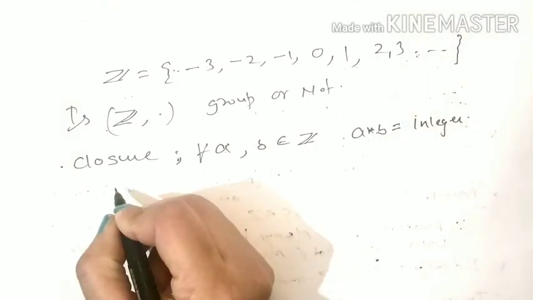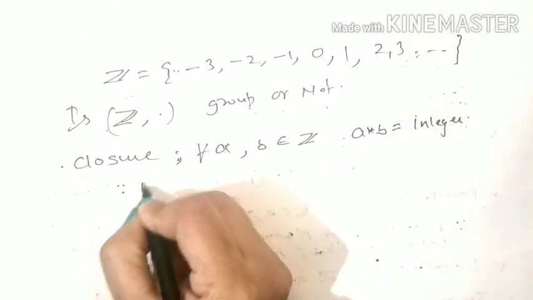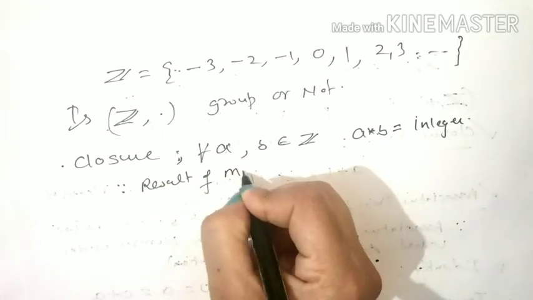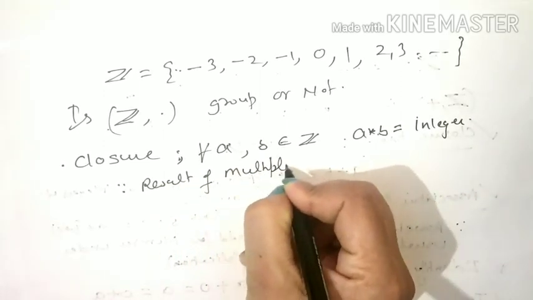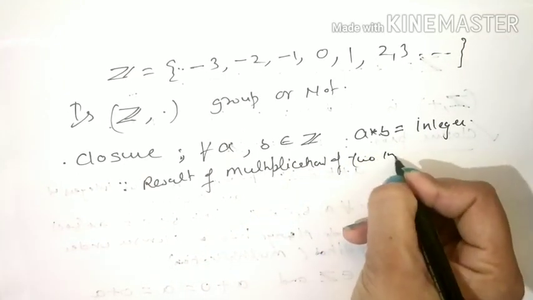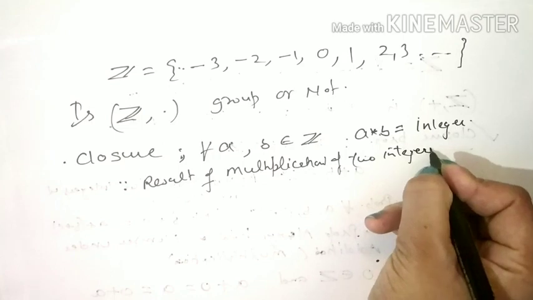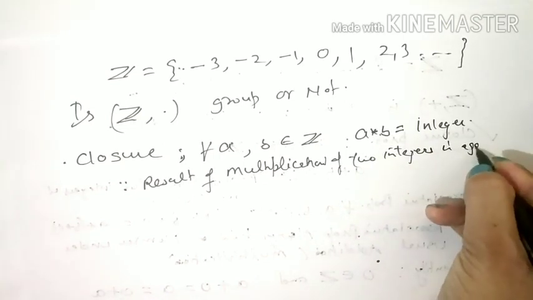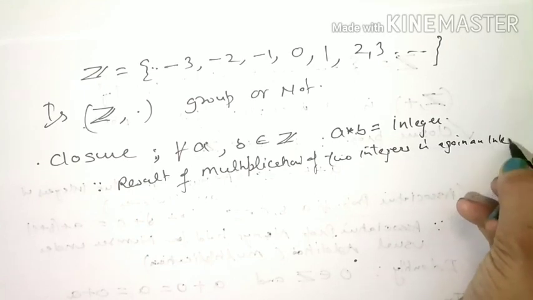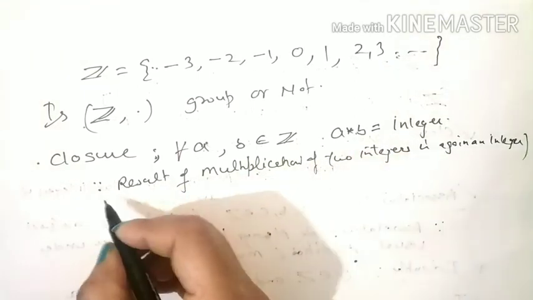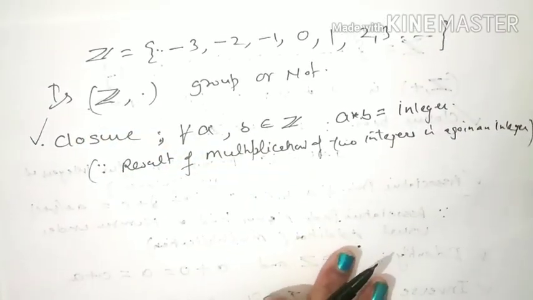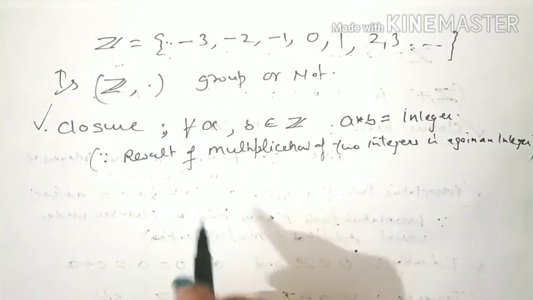So we can write the reason here: the result of multiplication of two integers is again an integer, right? So this property is true in the case of integers, the closure property for multiplication.